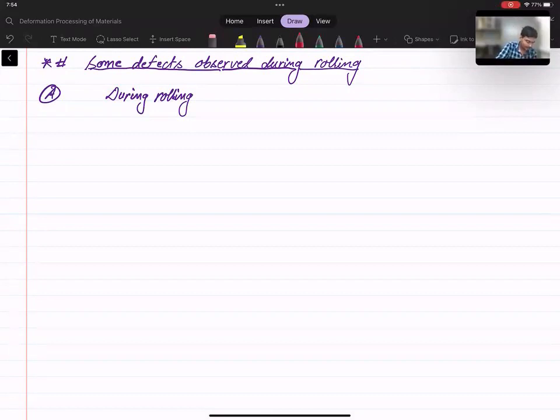Suppose this is the condition I'm talking about. Suppose this is my workpiece which is being rolled, and let us say this is the work roll which is in immediate contact with the sheet being rolled.